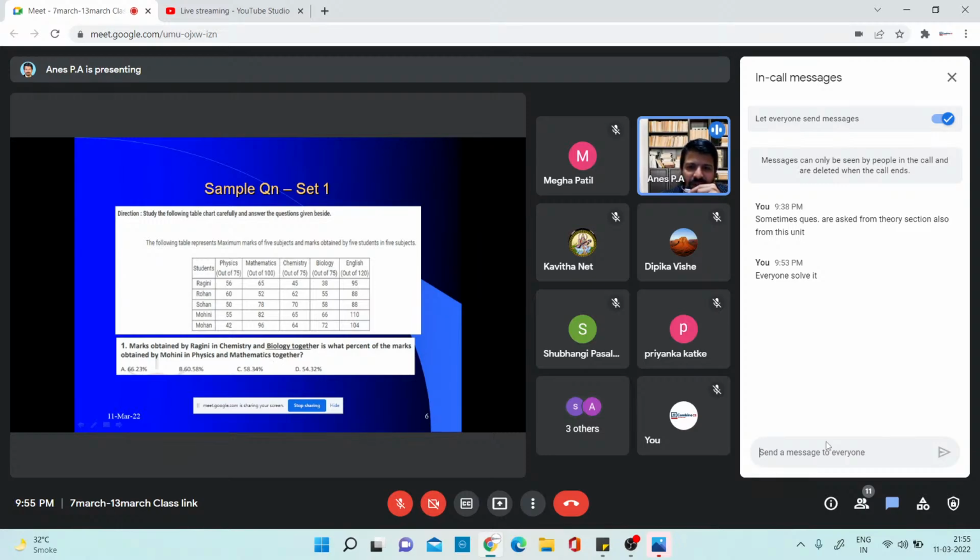Here we see how to find the percent of a number as part of the data interpretation operation. All can do it. Please try to do it. I will wait for your answer.